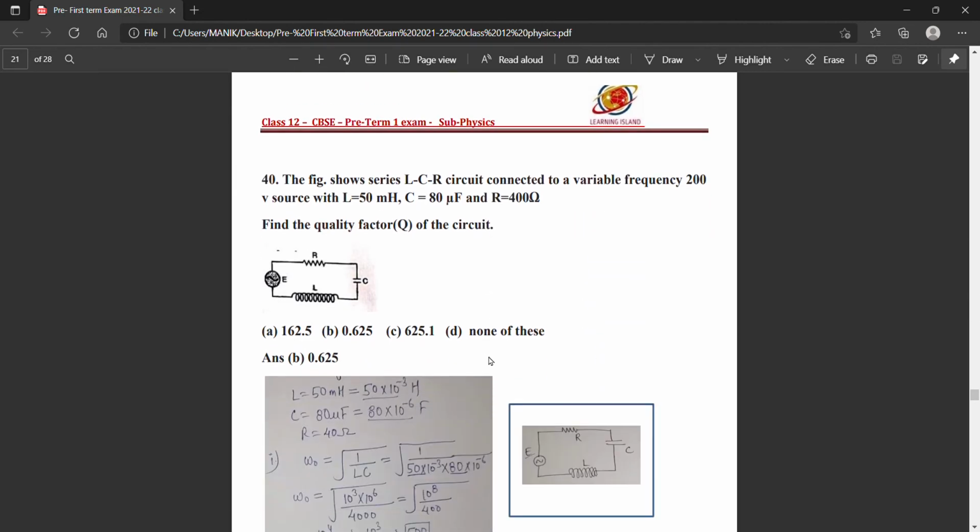And question number 40. The figure shows a series LCR circuit connected to a variable frequency 200 volt source with inductance 50 millihenry, capacitance of 80 microfarad and resistance 400 ohm. Find out the quality factor.